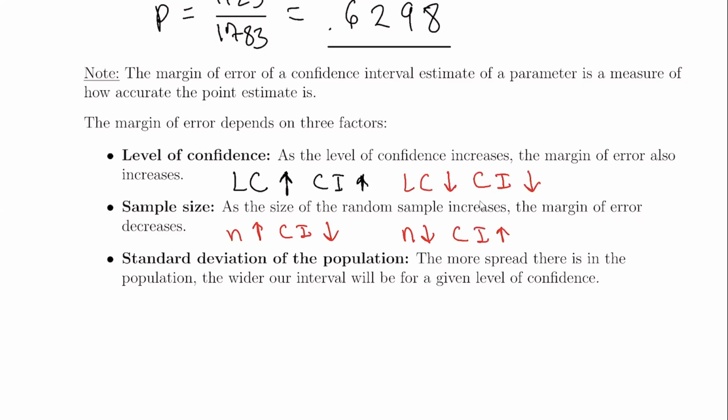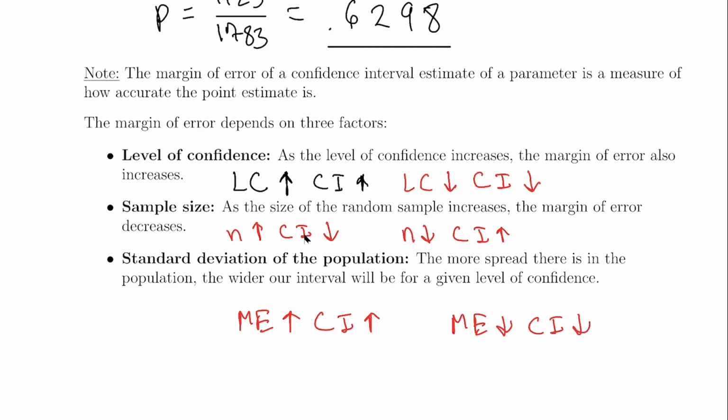So that's pretty much the two things you should have gotten from that simulation: how the level of confidence affects your confidence interval, and how your sample size affects your confidence interval. And hopefully you should know that if margin of error goes up, the confidence interval goes up too. If margin of error goes down, the confidence interval goes down.